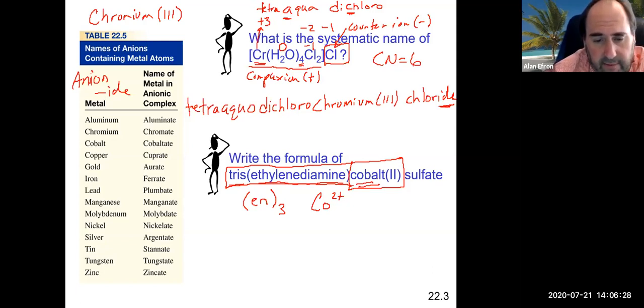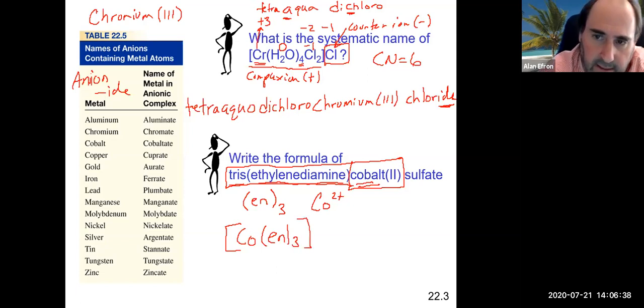So we put our cobalt in there, and we put our en with our 3. What's important to remember is the charge on the complex ion. The cobalt is +2, the en is neutral, which means overall this complex ion has a +2 charge.